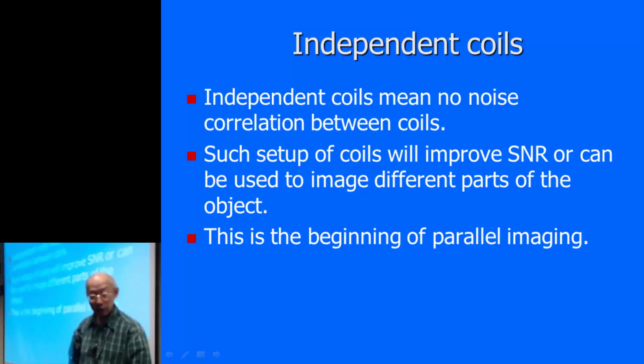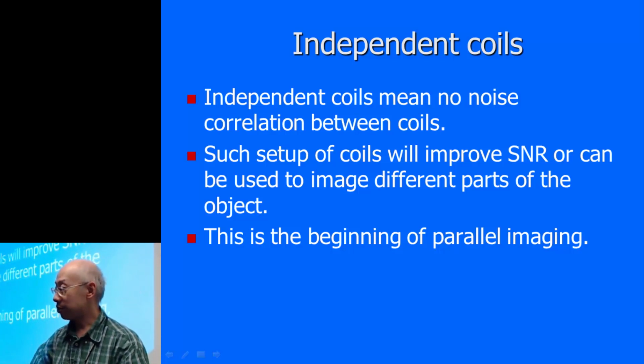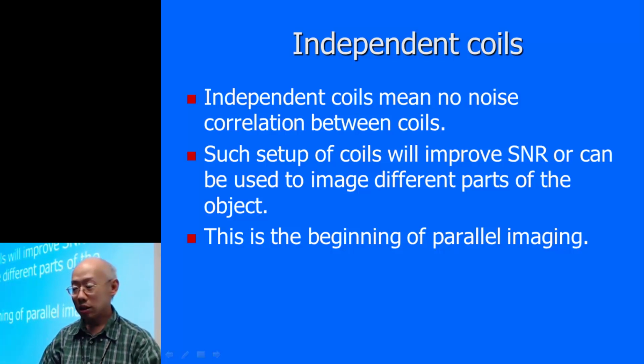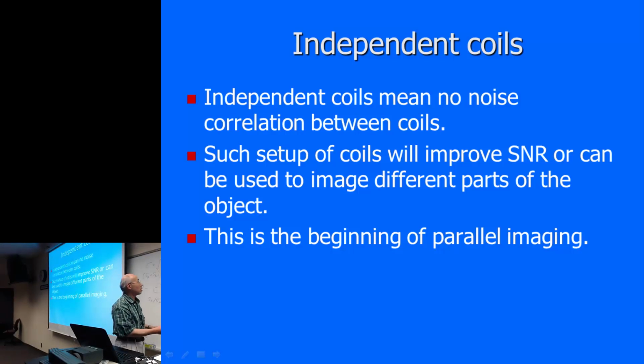Now, the second method is you use a capacitor to decouple the mutual inductance between the two coils. Basically you just consider, say, here's one loop and here's another loop, and between these two loops you put a capacitor in there.